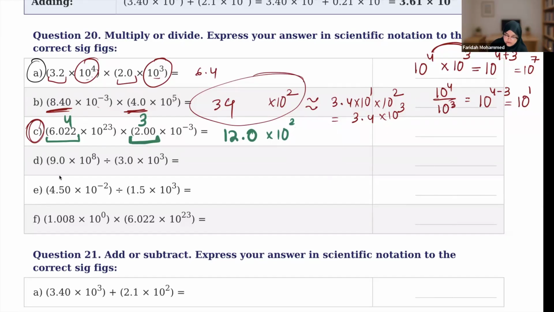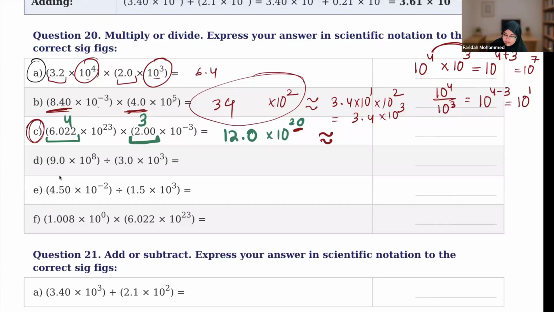Okay, good. Now, what's the problem though? We have to put it in scientific notation, and 12.0 isn't acceptable, so we have to change the exponent to 21. Therefore, the correct answer. 21 or 1.2? The exponent, yeah.